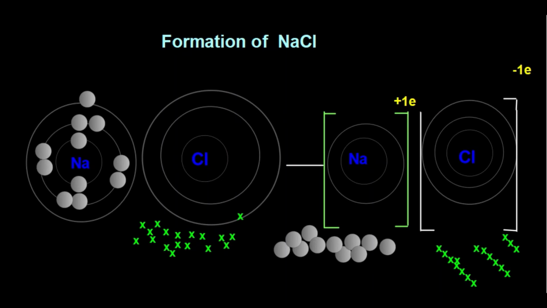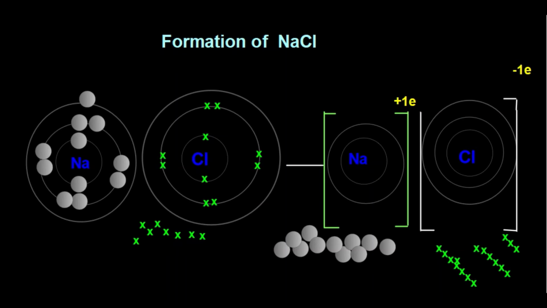Now we will write the structure for chlorine. In the K shell there are 2 electrons, so we write 2 electrons in the K shell. We represent these electrons with the help of crosses. There are 8 electrons in the L shell of chlorine, so we write 8 electrons, 1, 2, 3, 4, 5, 6, 7, 8.